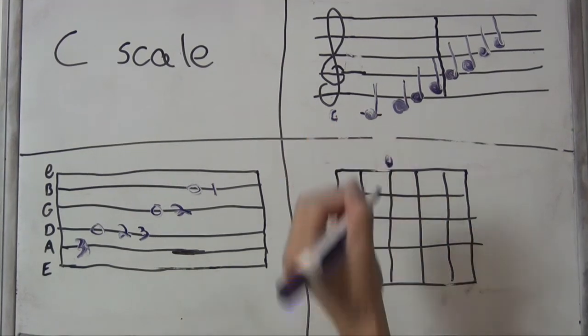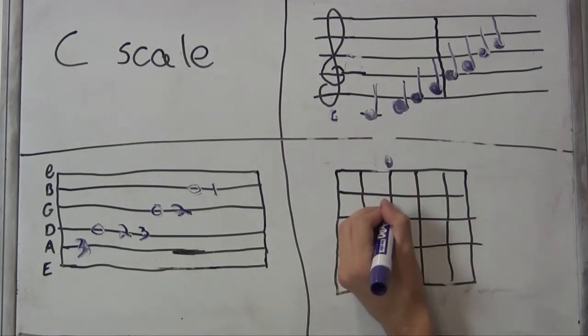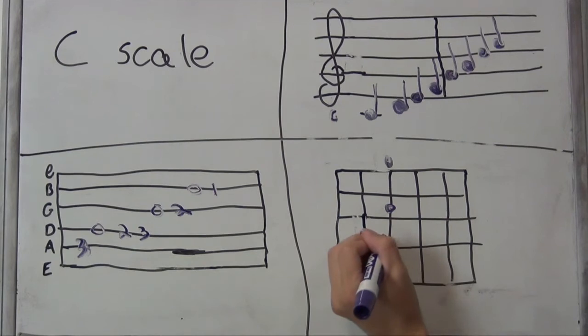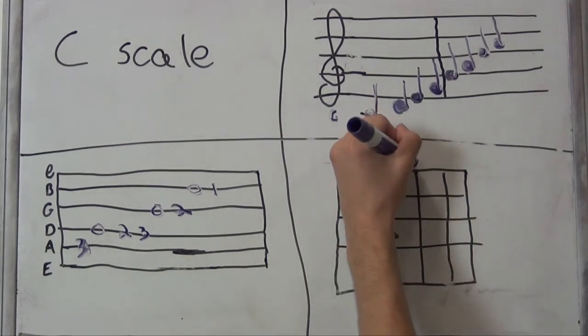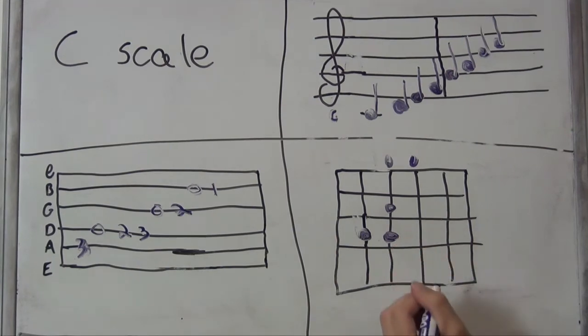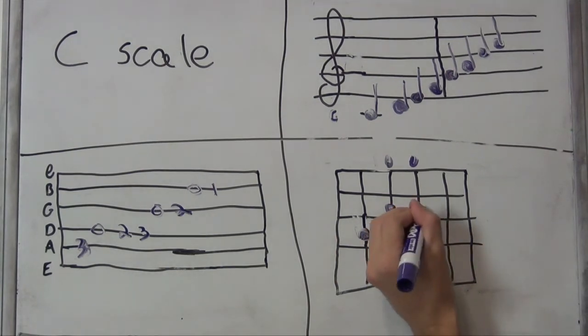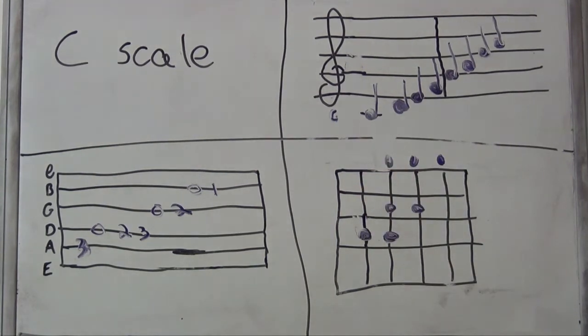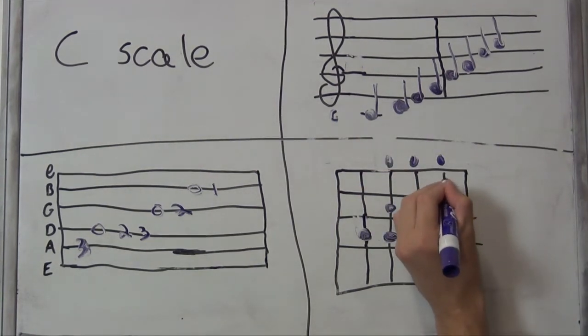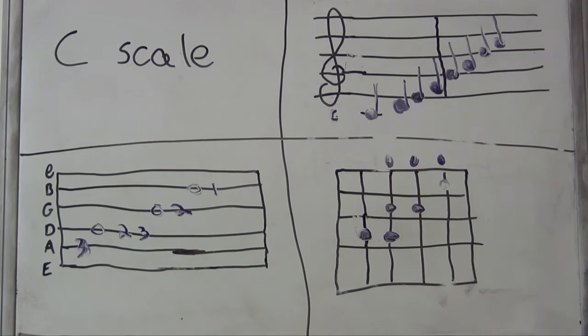So we have that there, D, and then E is right there, F right here, G is open, A is 2nd fret on our G string, B is open, and then C is just a half step up from B. Yeah, there is our C major scale using the fretboard.